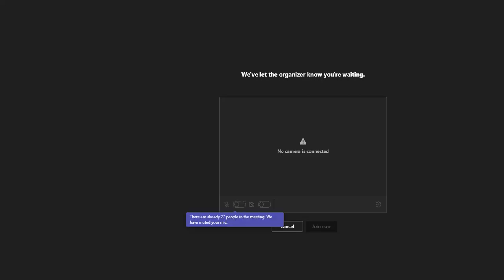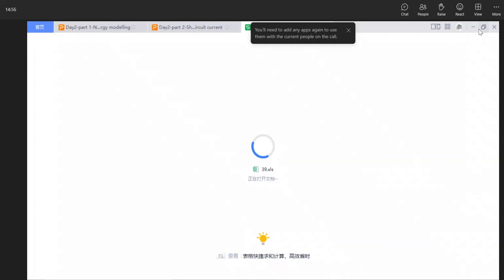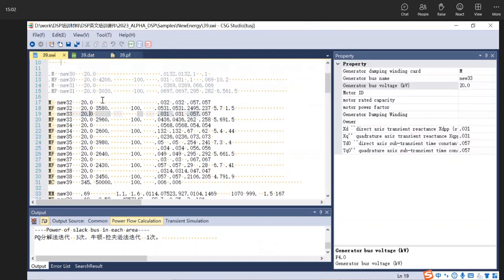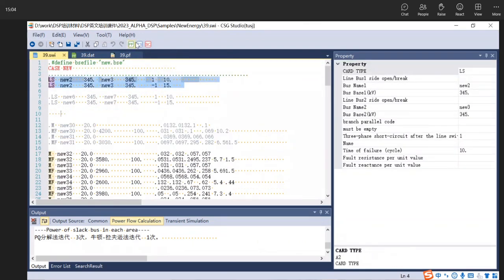File, then you can do a power flow calculation. And after you write a SWI file and you set a fault, then you can do simulation.